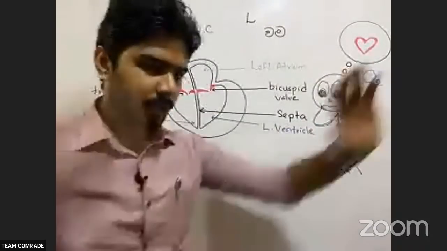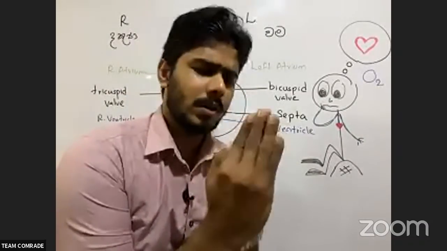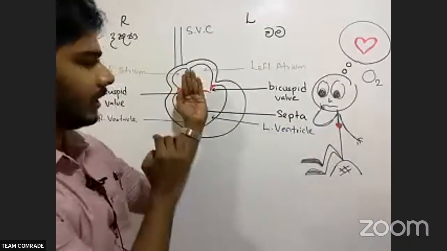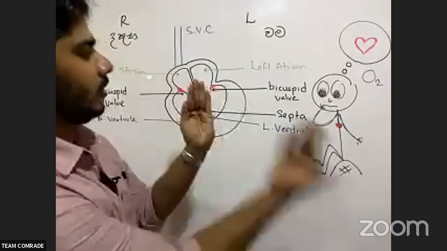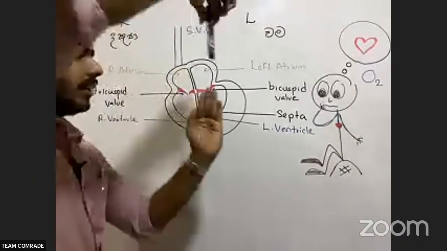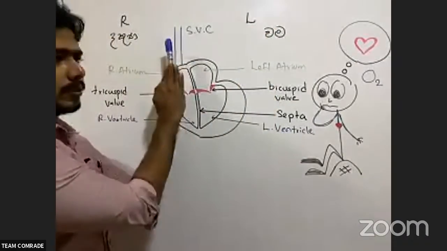Now the heart is like this. This is an open one, so the cross section is only here. If I close this, you can see only that part.